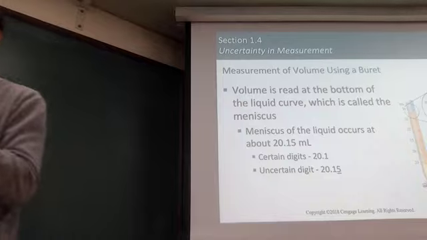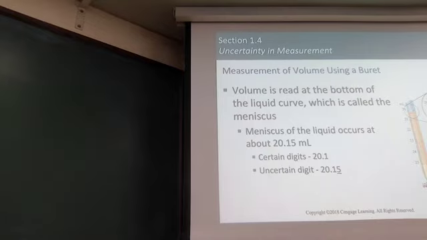So the volume is read at the bottom of the liquid curve, which is the meniscus here. At this bottom you would read the line, what is the volume here. The meniscus in this case occurs at 20.1.